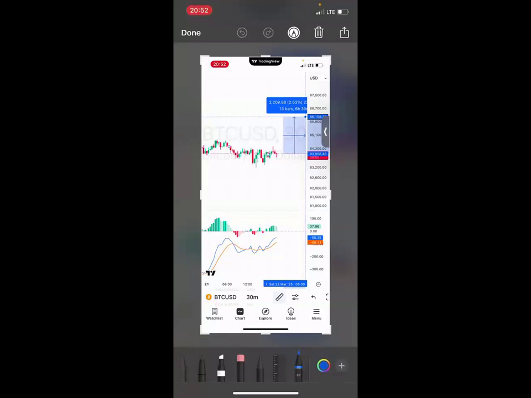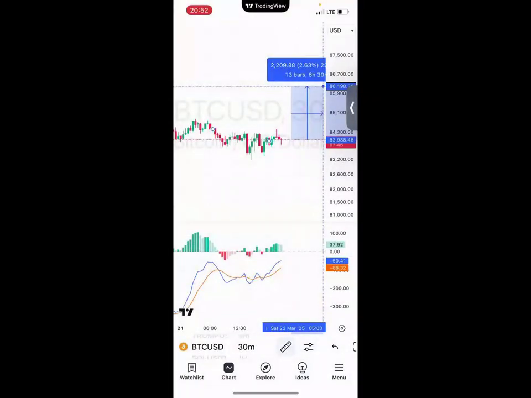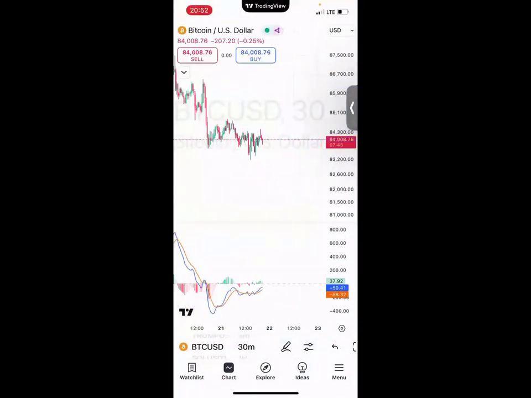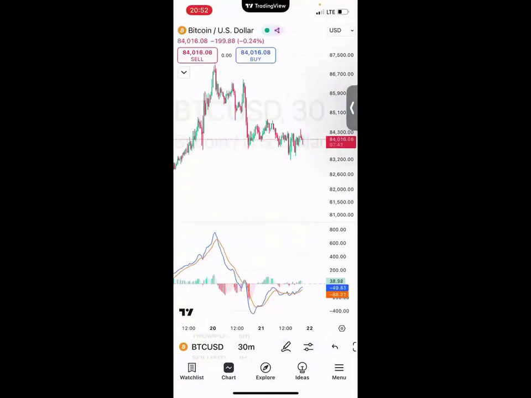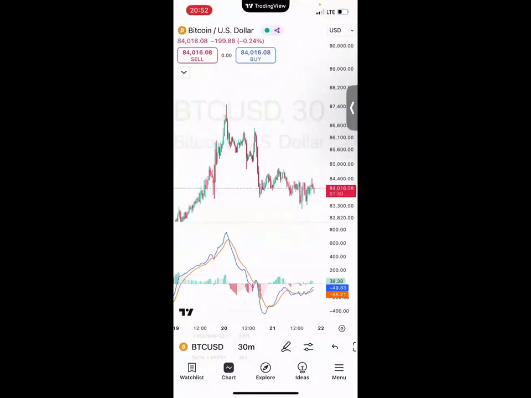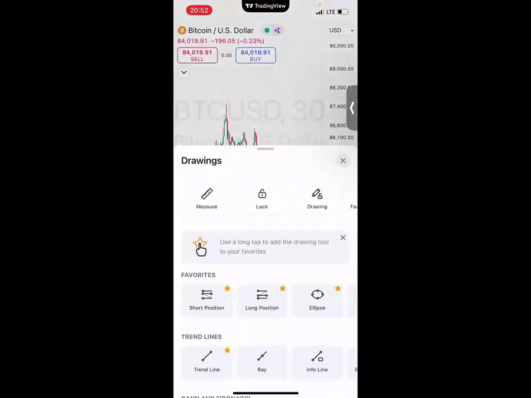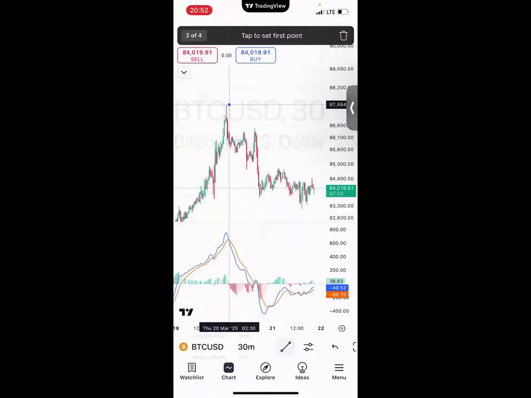You are not just taking those numbers from your head, because the market actually did this before. This was the recent high. The recent high was at around how much? So you want to pick your trend line tool and say what was the recent high. The recent high is around 87,400.